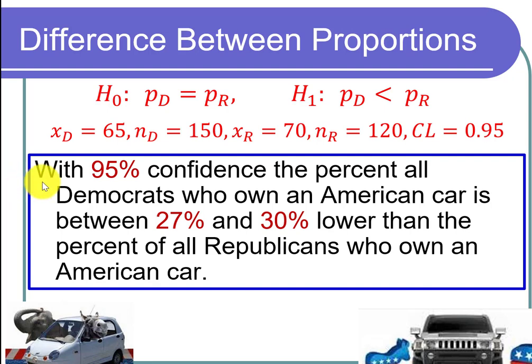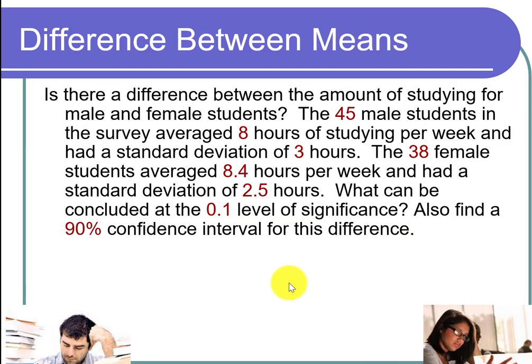We can say with 95% confidence, the percent of all Democrats who own an American car is between 3% and 27% lower than the percent of all Republicans who own an American car. Notice lower, because we got negative values for our confidence interval. So that's how we deal with comparing two proportions.